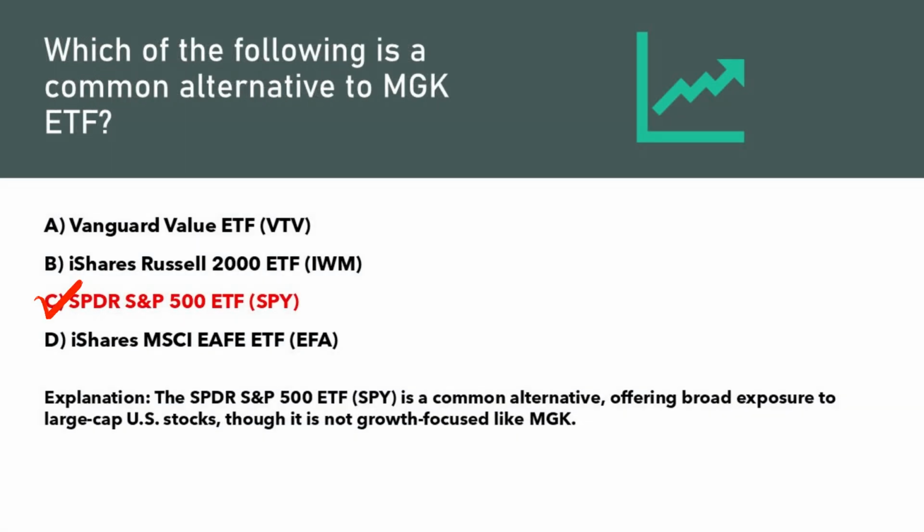Answer: C. SPDR S&P 500 ETF, SPY. Explanation: the SPDR S&P 500 ETF, SPY, is a common alternative, offering broad exposure to large-cap U.S. stocks, though it is not growth-focused like MGK.